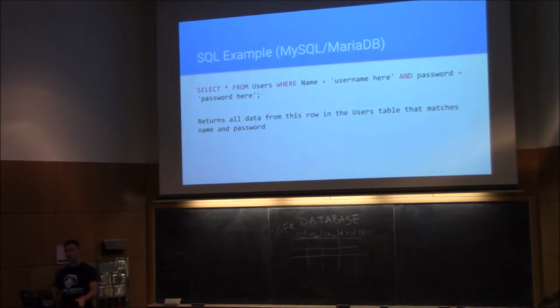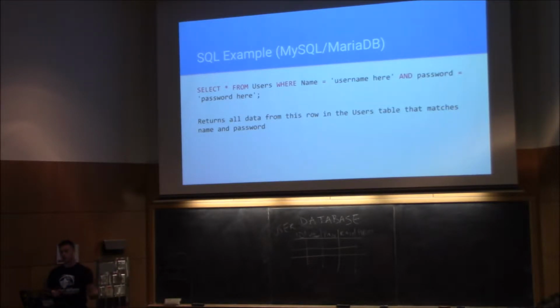Okay, so actually looking at real SQL syntax, you can see that the SELECT and the FROM and the WHERE are all uppercase. That's common to SQL, but it's not necessary. It does help separate the identifying SQL syntax.